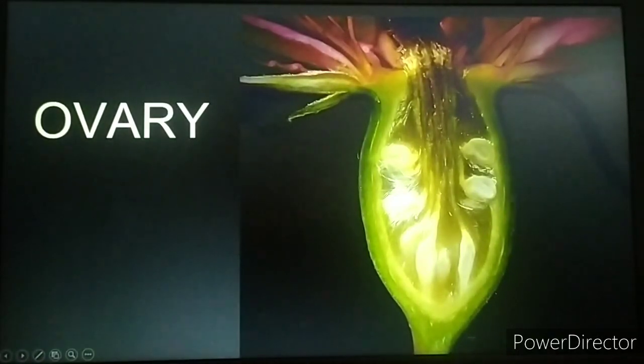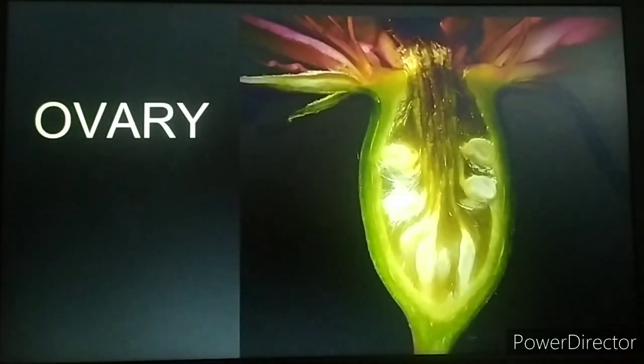As we have discussed, the pollen sacs consist of pollen grains, which are the male reproductive gametes. So here these ovules contain the female gametes or female reproductive cells or eggs, or we can also call them ova.